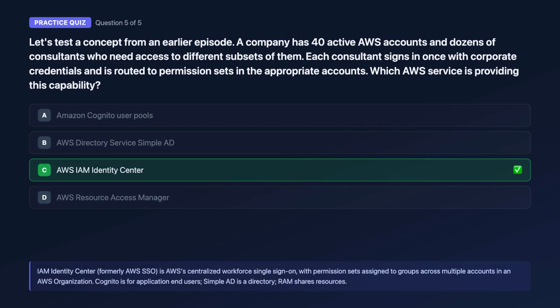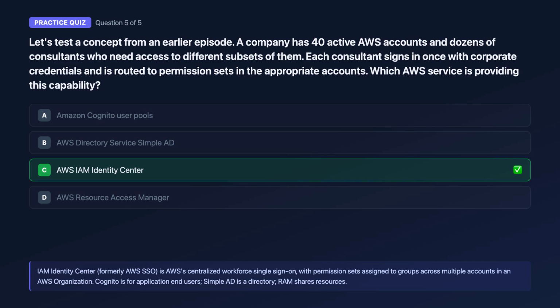The right call here is C. IAM Identity Center, which we covered back in episode 9. It's Amazon Web Services' centralized workforce single sign-on across multiple accounts in an organization, with permission sets assigned to groups. Cognito is for the end users of an application, not workforce access.